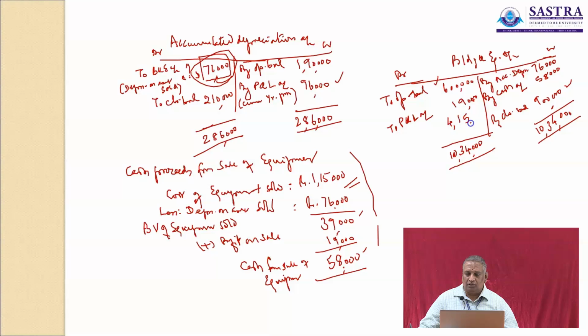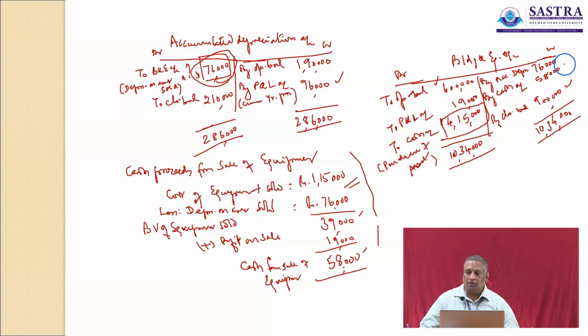So 4,15,000 appearing on the debit side is to be assumed as purchase, to cash account, purchase of asset. So we do not know whether any building is purchased or some other asset is purchased, for which cash has gone out.